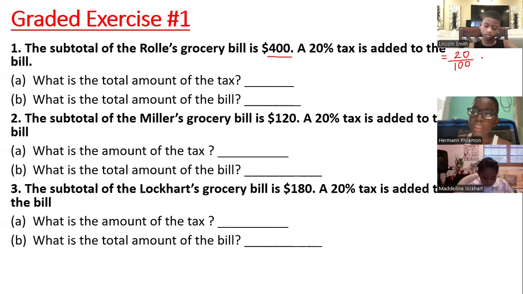A multiplication sign. Then we have 400 over what? 1. Good. What do we do now? We cross out all the zeros. This zero with that zero. This zero with that zero.